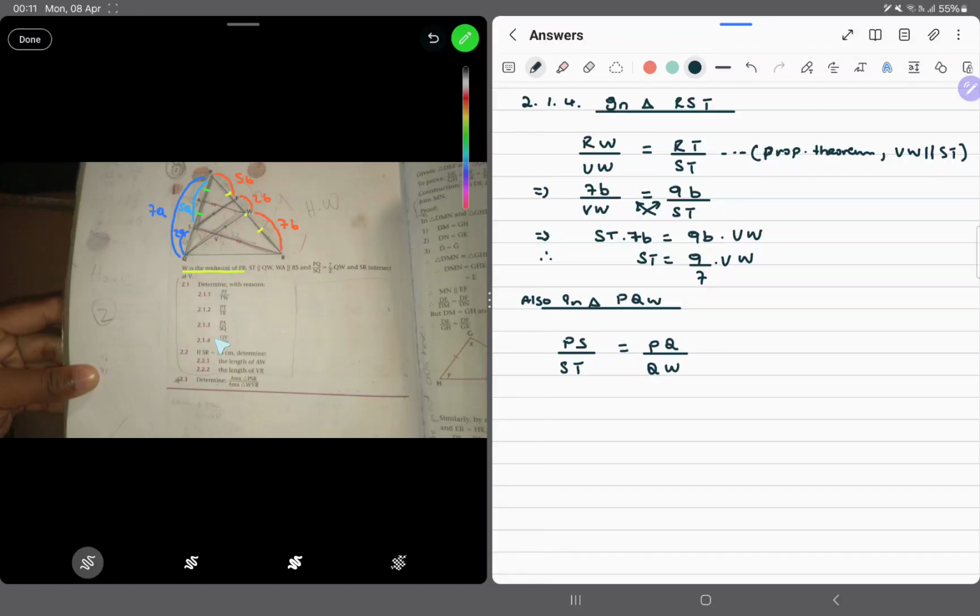Because I know QW is made up of QV plus VW, which is the stuff that I want, isn't it? Yes. What is the reason here? Same reason. So don't write same reason, write it prop theorem and state the parallel sides. It's ST parallel to QW.